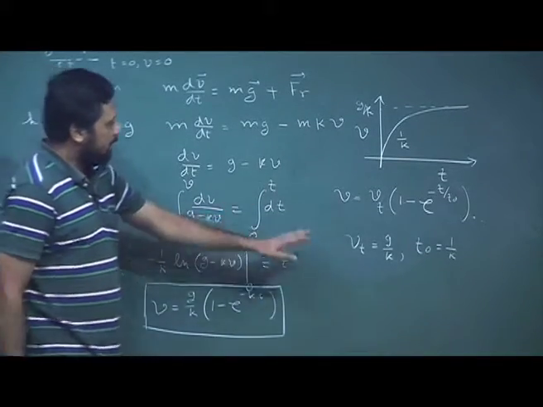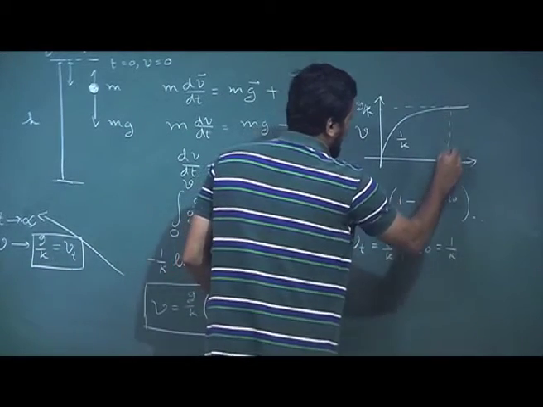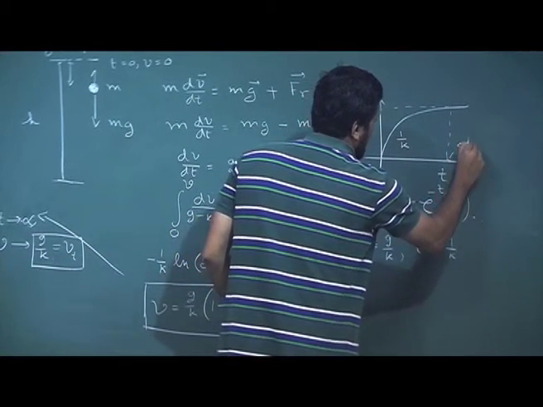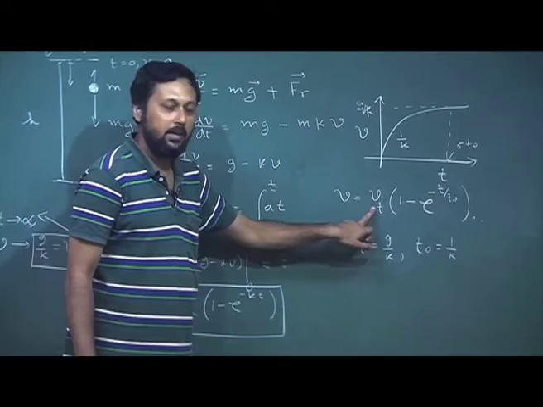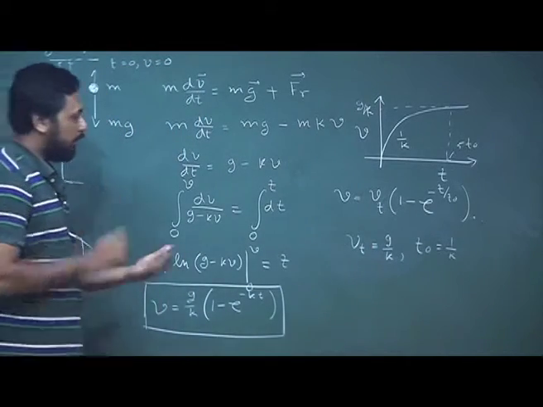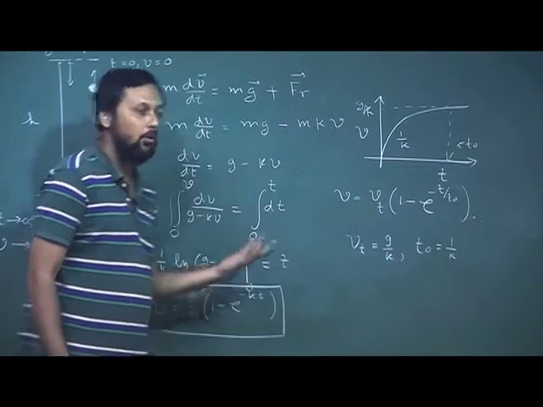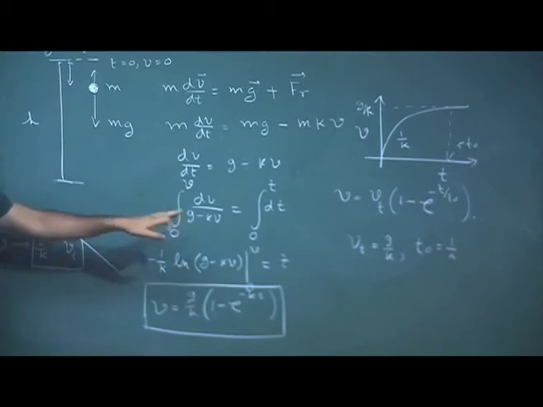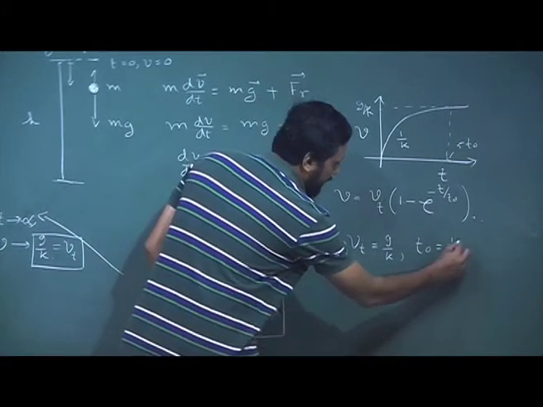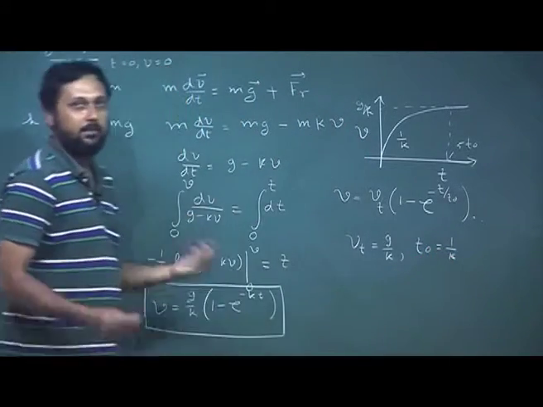Like all exponential growth, it typically takes 5 t0 to reach the final velocity. So if someone asks after how many seconds it will essentially reach this terminal velocity, if you know k, you can simply calculate 5 by k.